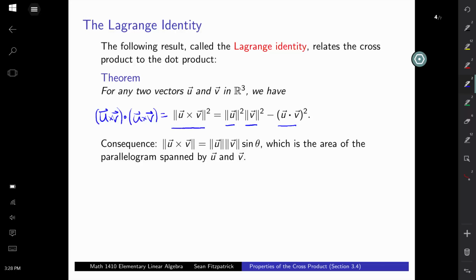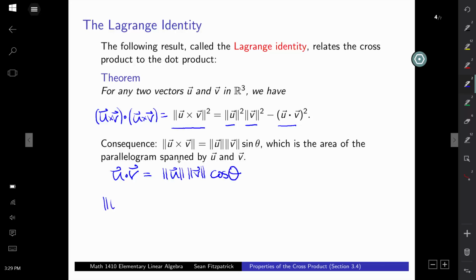But what I can show you is that this does give you a nice formula for the magnitude of the cross product, because you might recall that one of the formulas we established for the dot product is that u dot v is equal to the magnitude of u times the magnitude of v times cos theta.